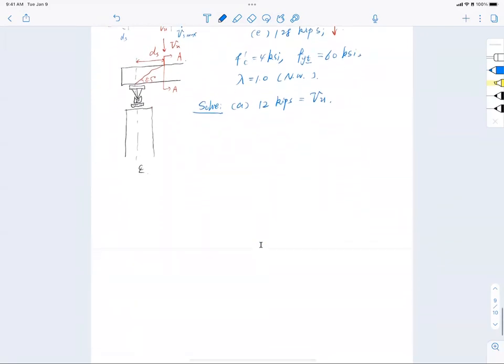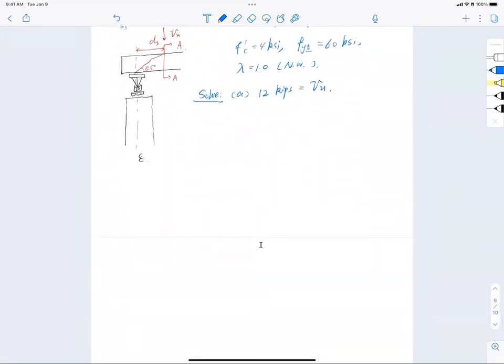This is Vu. All right, so given that we know the design shear phi Vn has to be greater than or equal to Vu. So that means Vc is the concrete resistance for the shear.